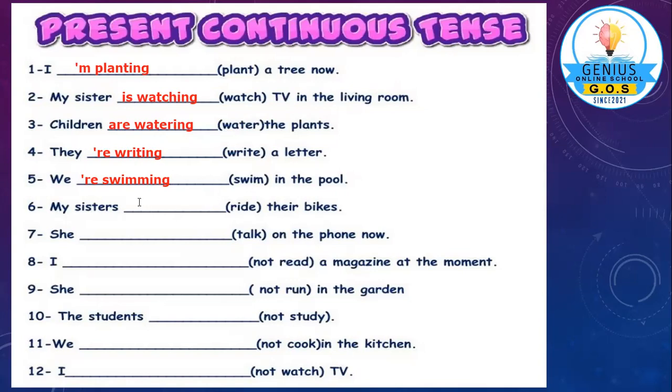As you see here, I wrote double M. Okay, girls, if you have the verb ends with a consonant letter and before the consonant letter there is a vowel letter, double the consonant before you put ing. Okay? Okay. Great.